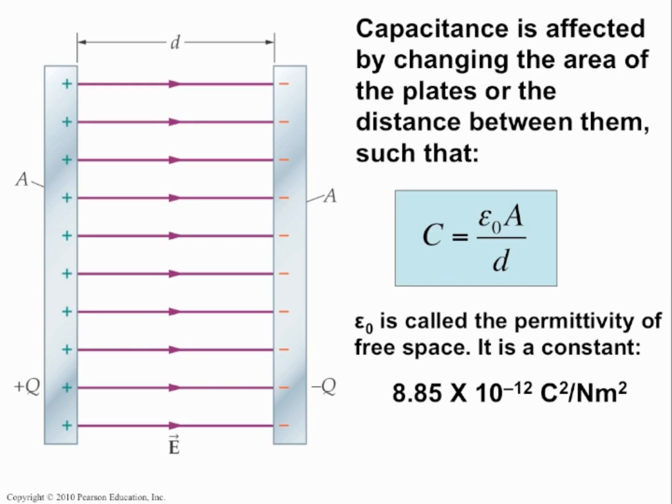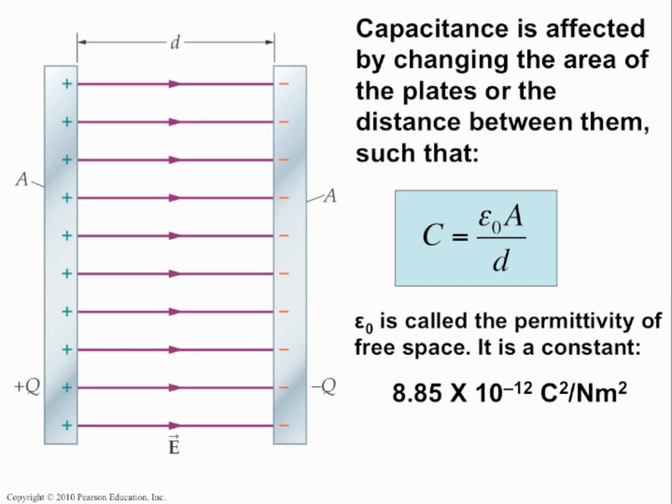And so free space is actually the lowest permittivity. When you throw stuff in there, you actually raise the permittivity because you have atoms that can polarize and create their own electric fields. Now, I'll explain what I mean by that in just a little bit.